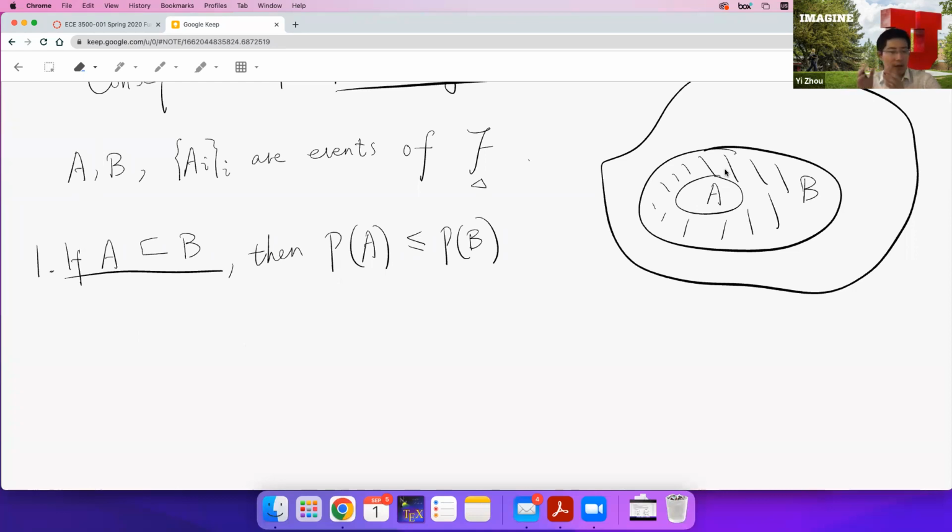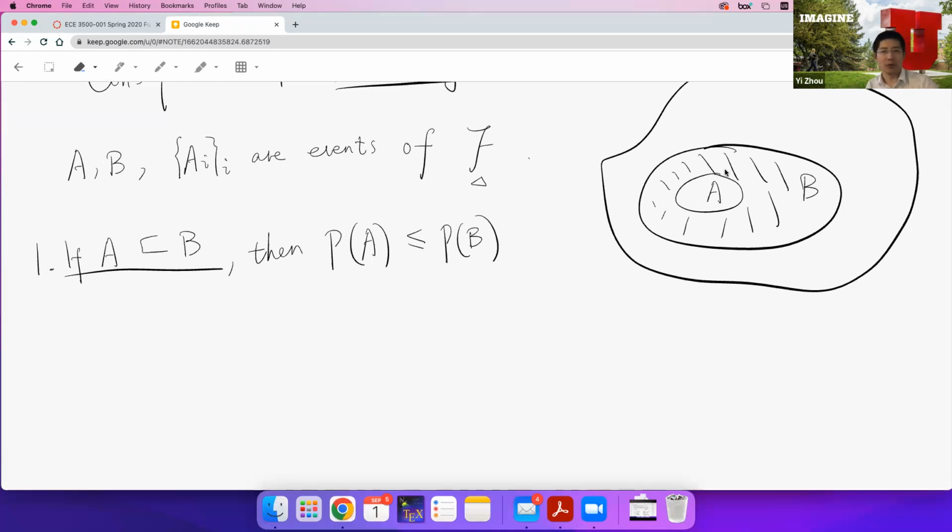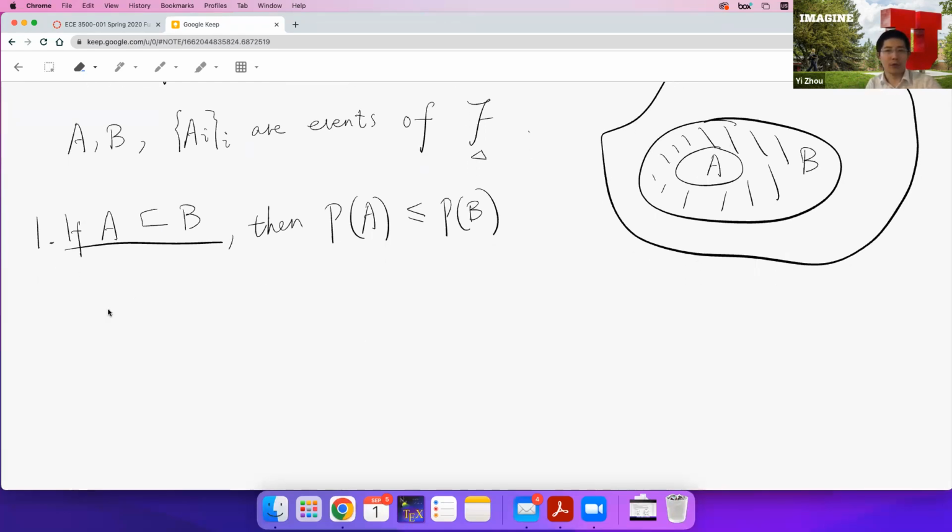That's how we can leverage the axioms of the probability law to prove this. We start from the probability of B. Because A is included in B, I can write B as A union (B minus A).